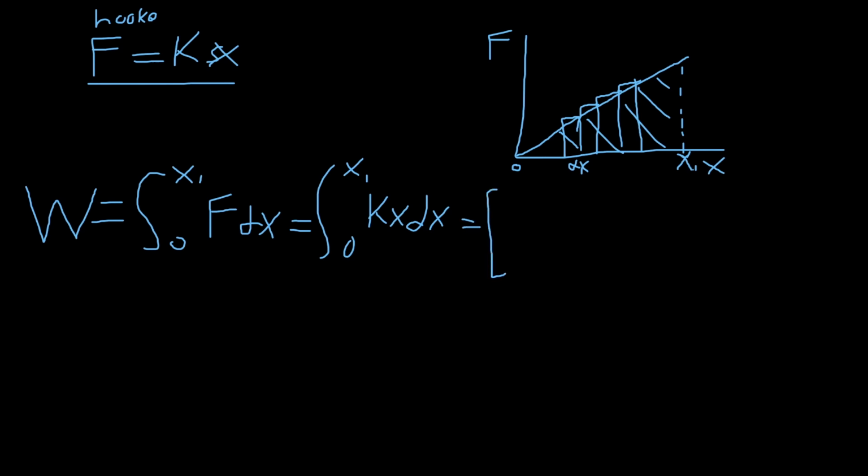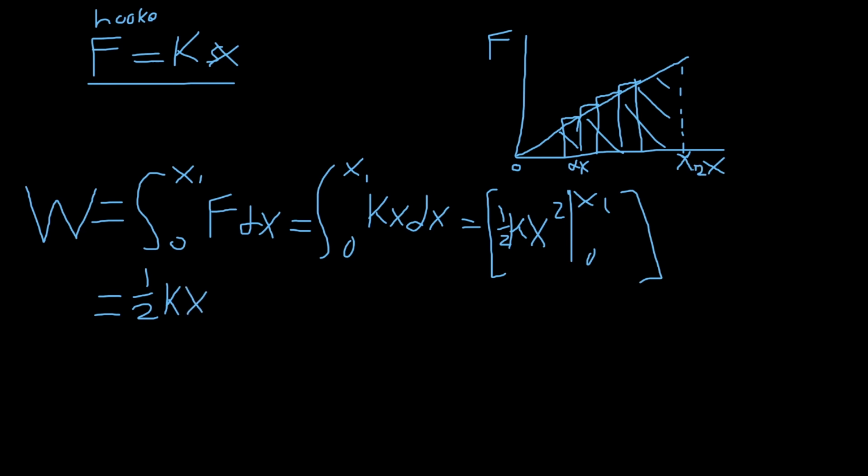So you'll be left with k and 1 over 2 x squared from 0 to x1, and we know that just equals 1 over 2 k x.